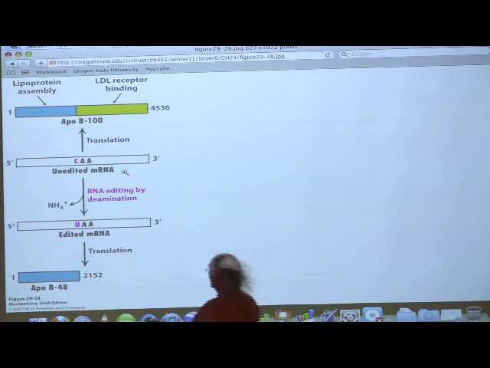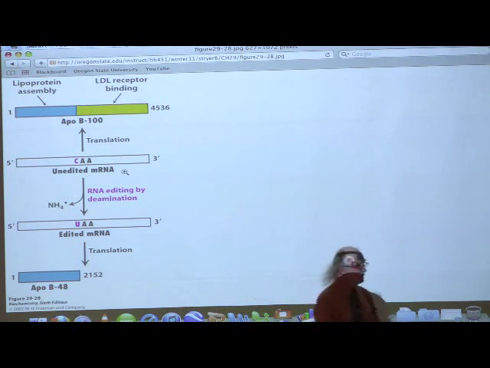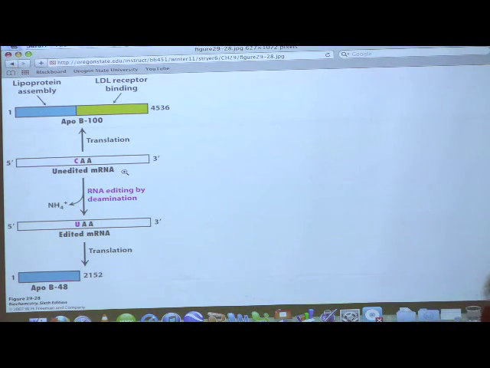Interestingly, the liver does not have this enzyme with the ability to make that modification. So in the liver, what starts out as a CAA remains a CAA. CAA is not a stop codon, so read-through happens, and it reads all the way to a different stop codon considerably further away, about 2,400 nucleotides away. This makes a protein in the liver called ApoB100.